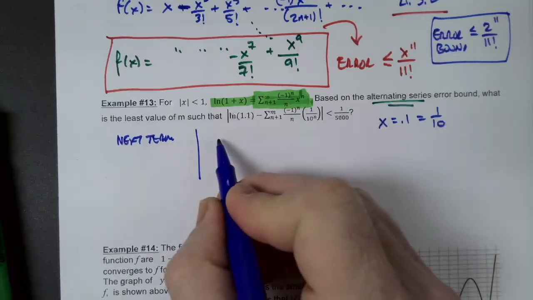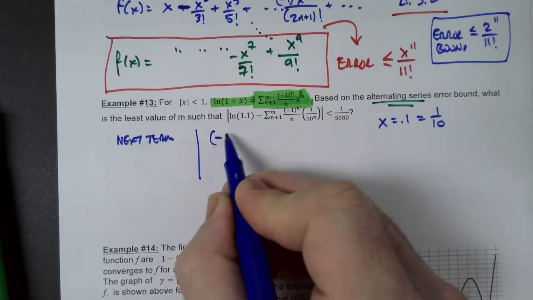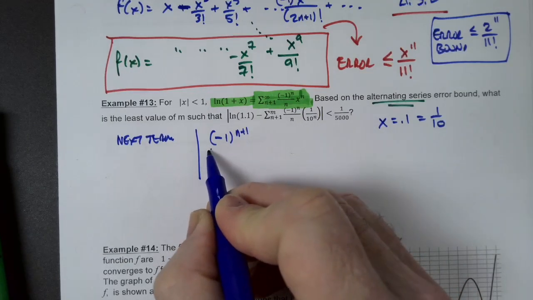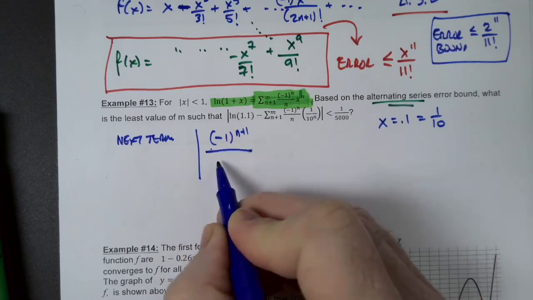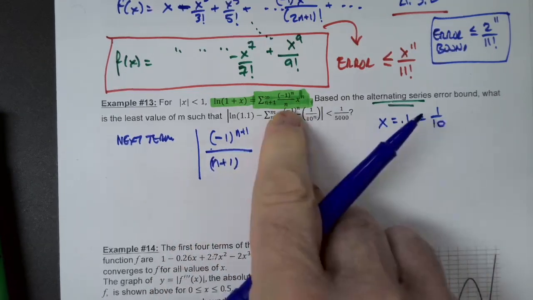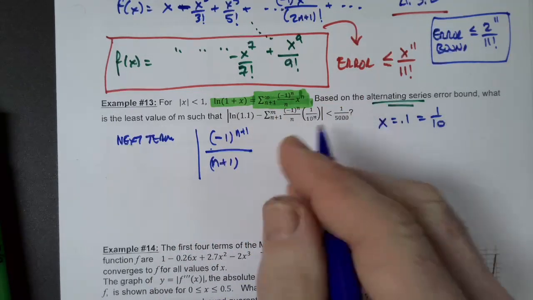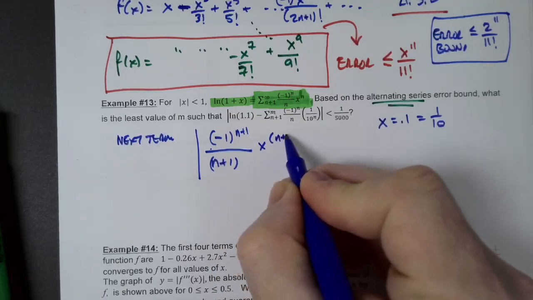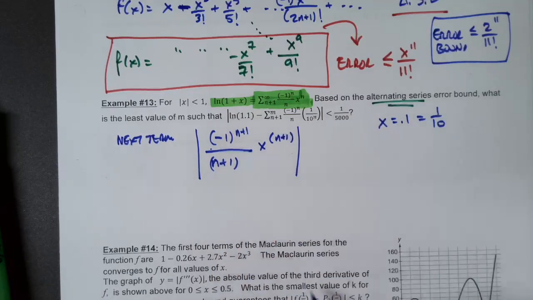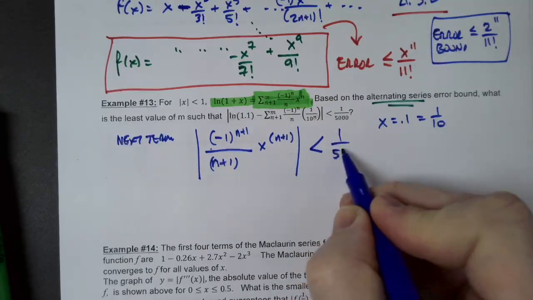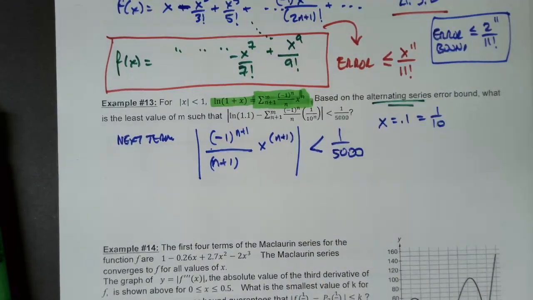Let's take a look at this. This, of course, will be the absolute value of negative 1 to the n plus 1. Really doesn't matter since we're doing absolute value, over n plus 1, next term, and then times x to the n plus 1. We have to make sure that this is less than 5,000. Okay. So, let's figure out, based upon this, what value are we going to have to use for this?